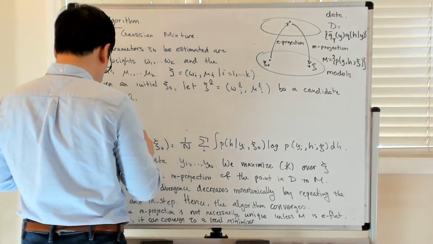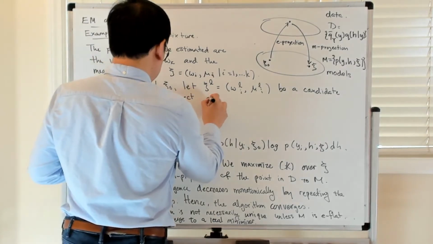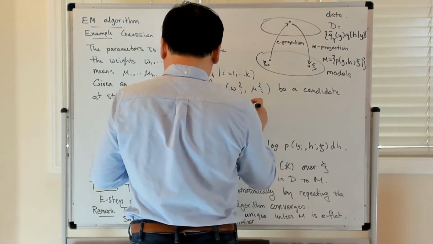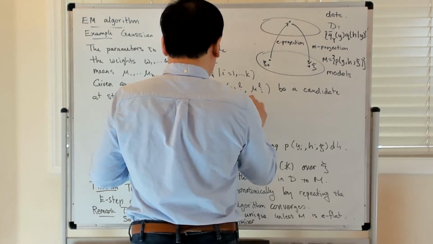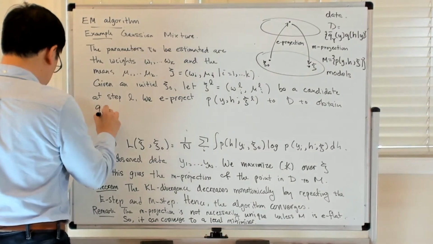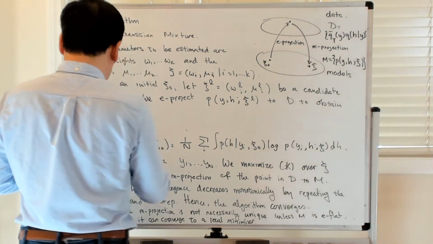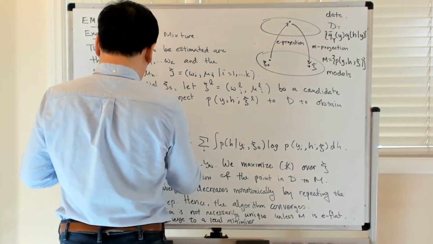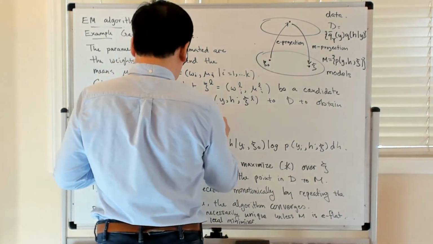So we E project P, which is of Y and H, parametrically dependent on C_L, to obtain Q_L of H conditioned on Y. Then this Q_L of H conditioned on Y, parametrically dependent on C_L, is equal to W_H^L.